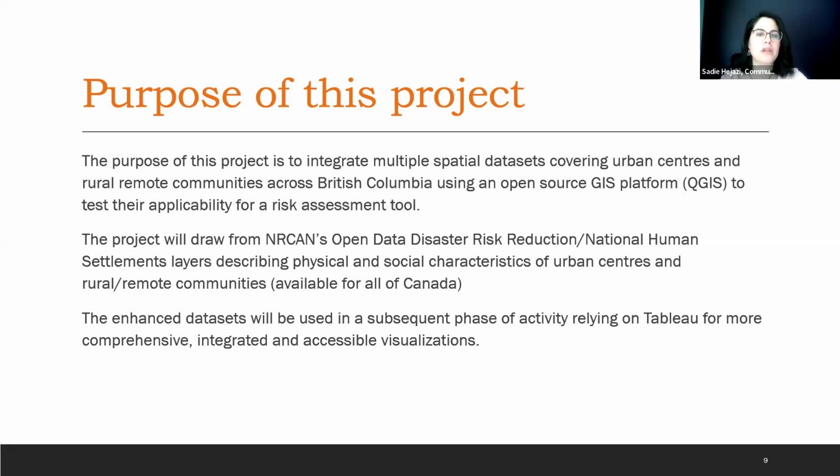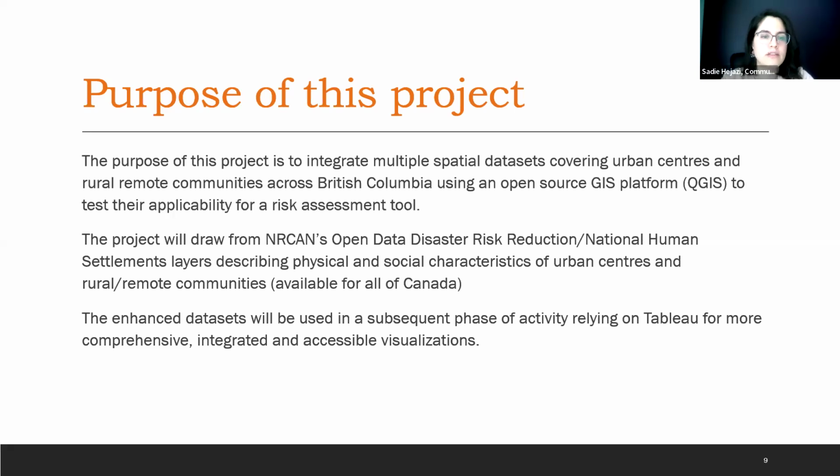We wanted to test the feasibility stage, and we found QGIS is the best, as it's an open source platform. That's easiest to test and experiment and see if it's feasible to continue this project later in Tableau or other software to have more comprehensive, integrated, and accessible visualization.